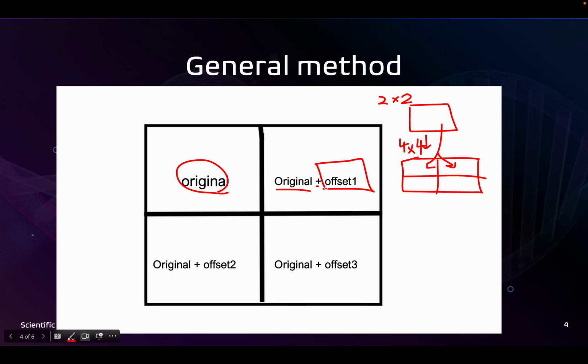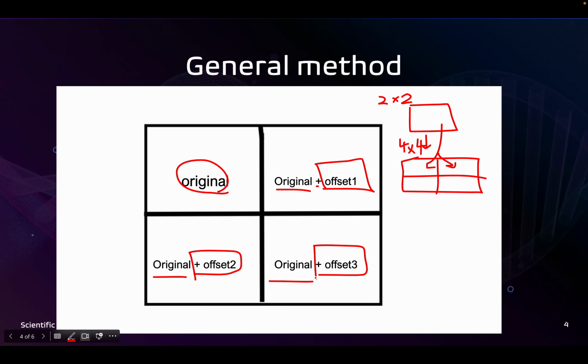You must use a little innovation, and also you must obey the rules. And then you have a copy of the original here with the offset 2 added, and also the original copied and offset 3 added. So it's the general method. In all of these cases, we use this general method.